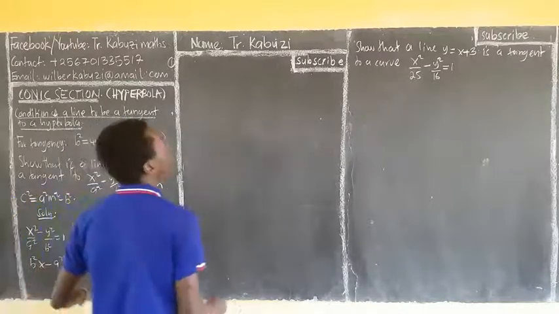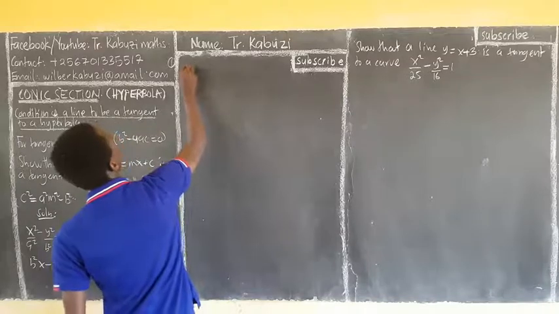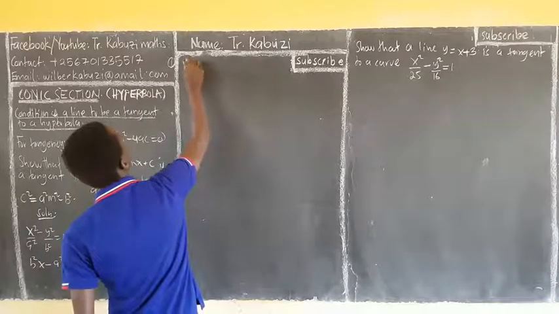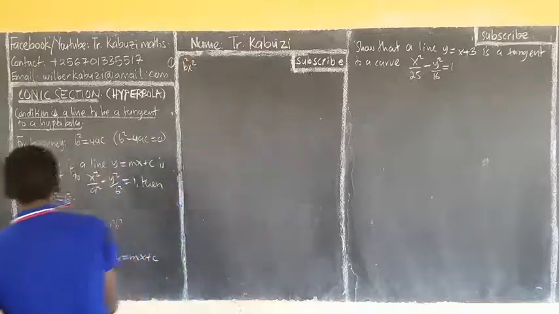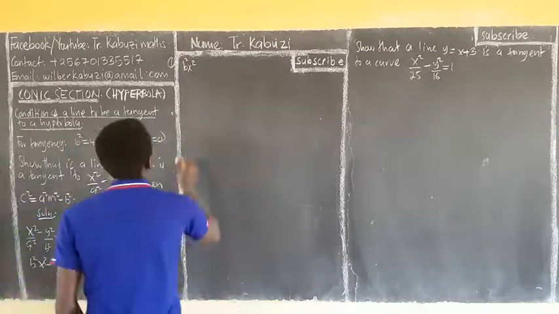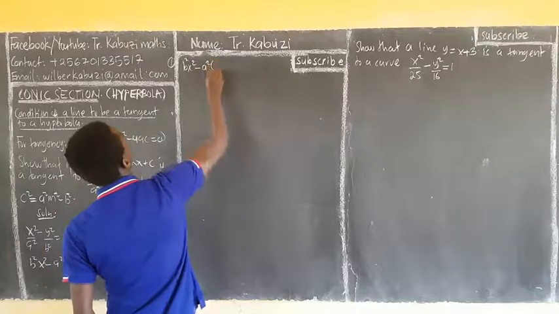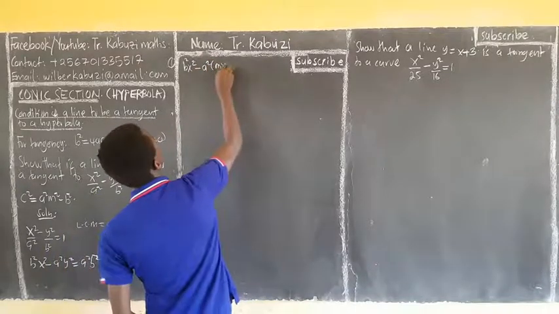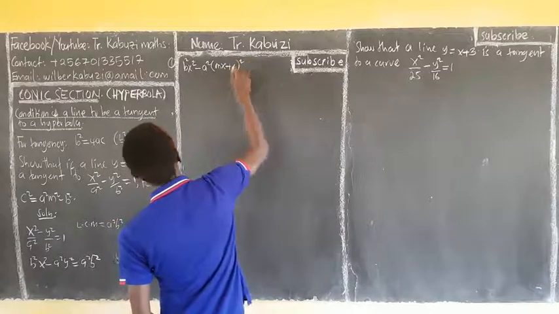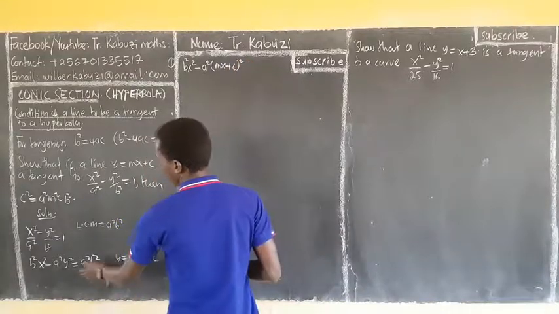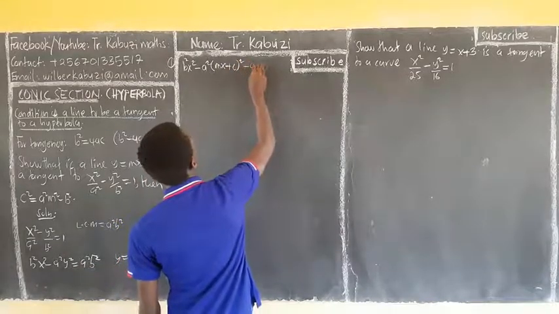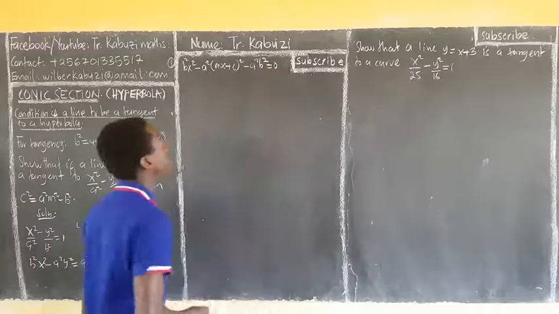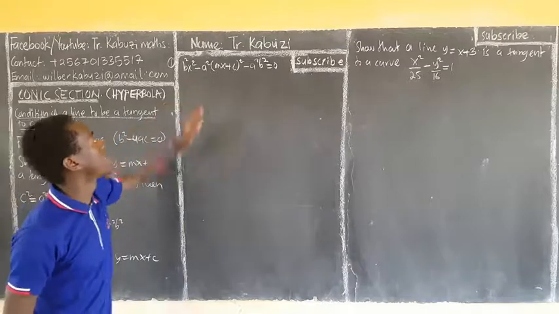So substituting in there, I have b squared, then minus a squared into the whole squared, then when I bring this on the other side, I have minus a squared b squared equaling 0. So from there, we expand that.